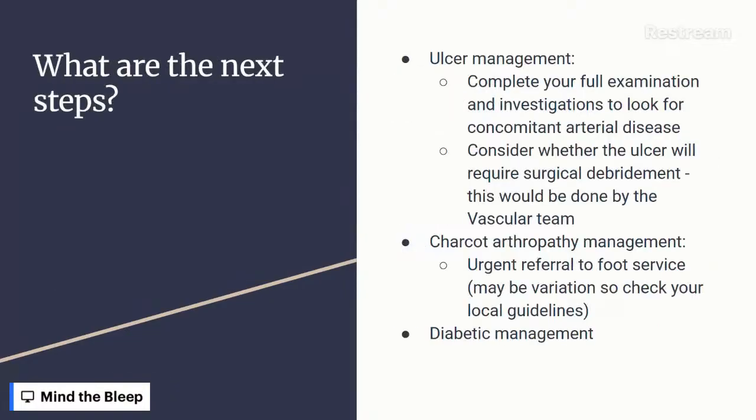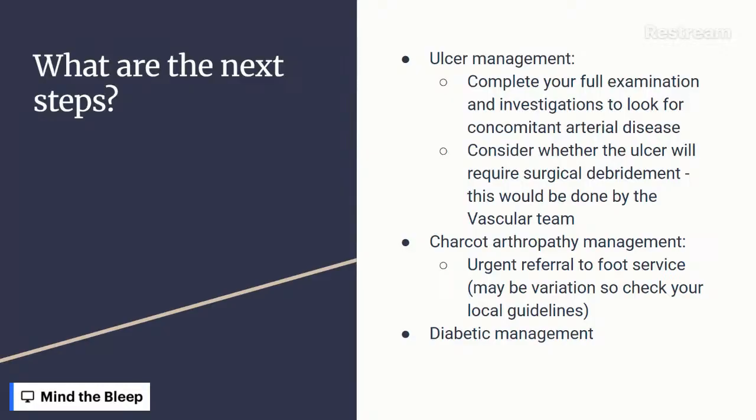Okay, so what are the next steps? In terms of your ulcer management, you want to complete your full examination and investigations to look for any coinciding arterial disease. Remember, that's obviously very important to tackle and manage as soon as possible. And depending on the depth of the ulcer, how badly infected it is, if it's causing severe pain and the location of it, etc., you'd need to consider whether or not this would require surgical debridement.